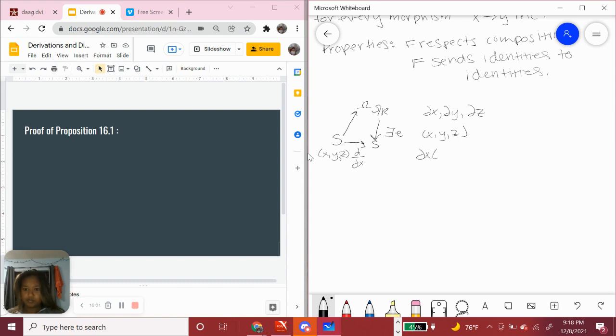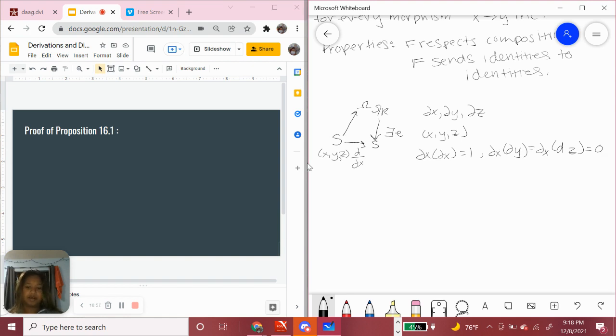So the partial derivative with respect to x of dx equals 1. The partial derivative with respect to x of dy equals the partial derivative with respect to x of dz, which is just equal to 0.